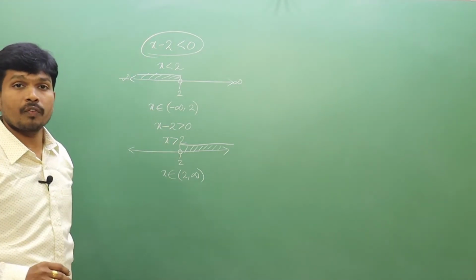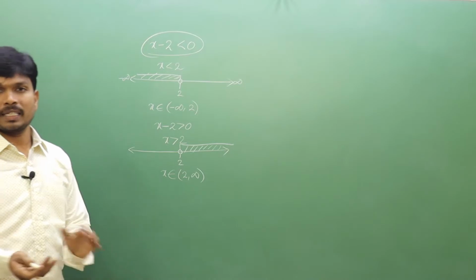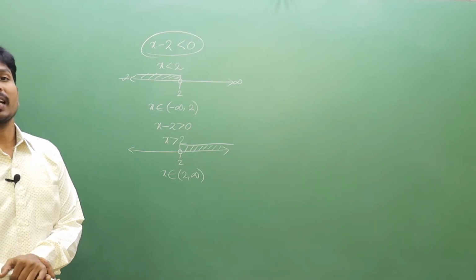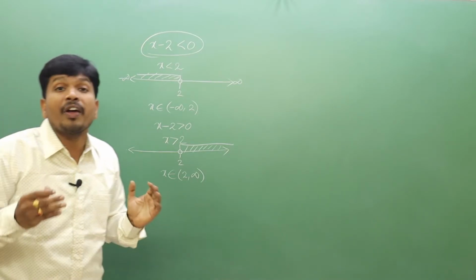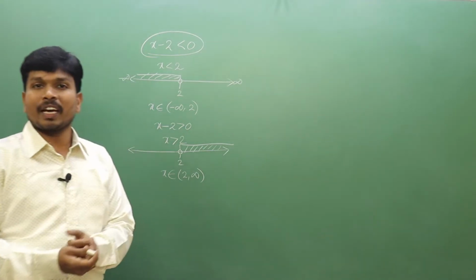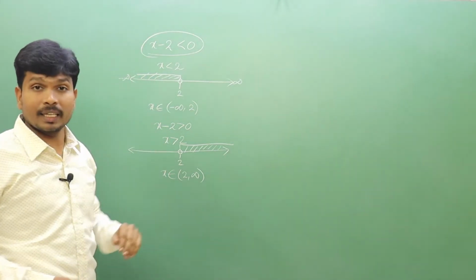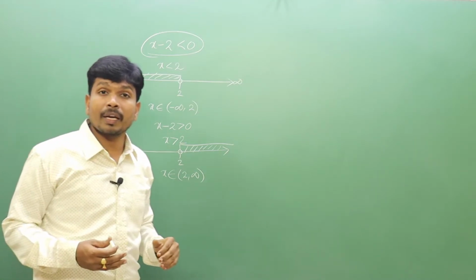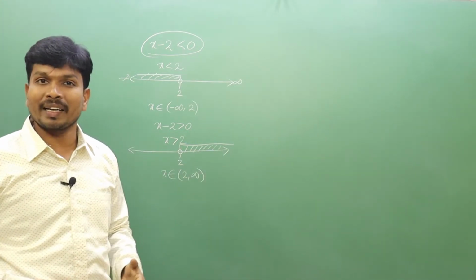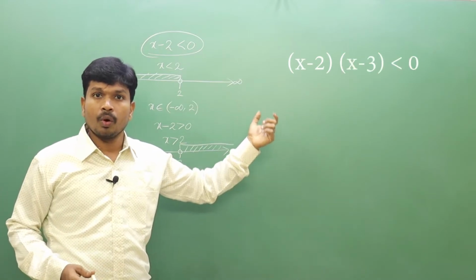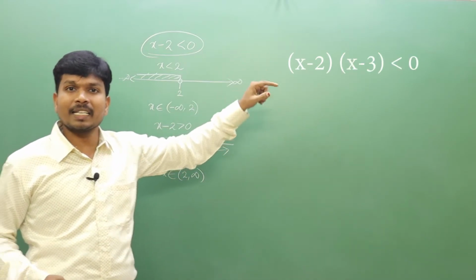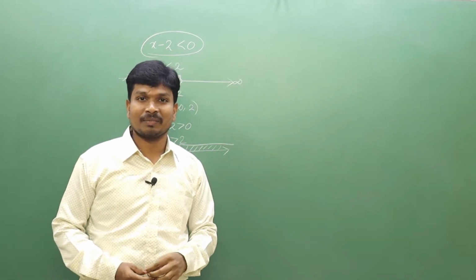This is the solution of x minus 2 less than 0. These are the values. With the help of the wavy curve method, we can easily handle it. It is a single expression, so we can do it like this. But suppose I am giving a product of two expressions, x minus 2 into x minus 3 less than 0, how to do it?